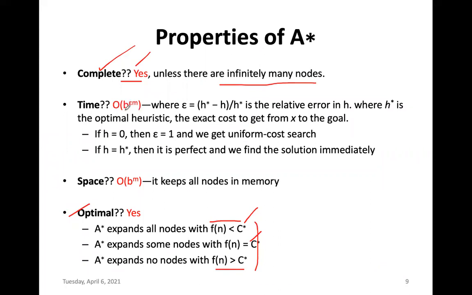Time complexity is order of b to the power epsilon m, where b is the branching factor basically, and m is the maximum depth of the state space. So again, this algorithm is executing different states by seeing their cost actually, and we don't know in which direction it will go.